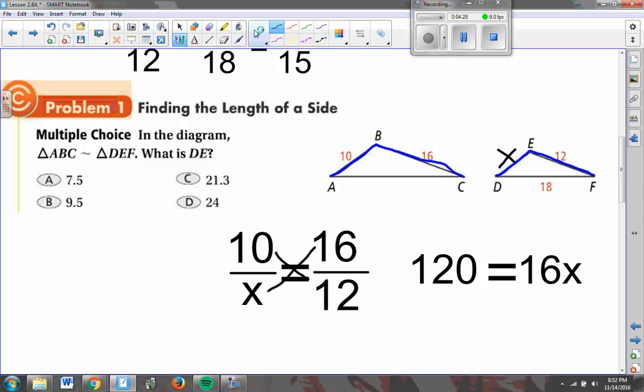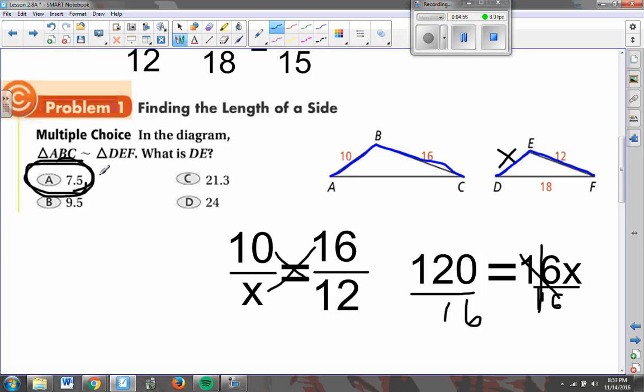Now I will solve for x by dividing by 16. 120 divided by 16 would be slightly less than 8. It's 7.5. So the answer is 7.5 when we solve that for x.